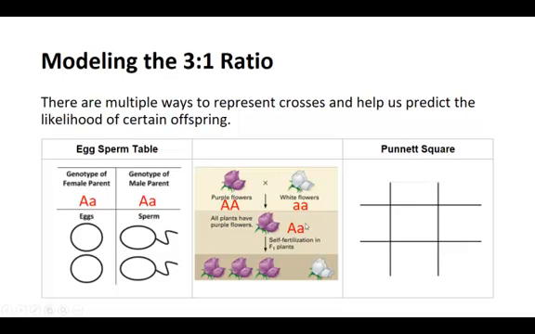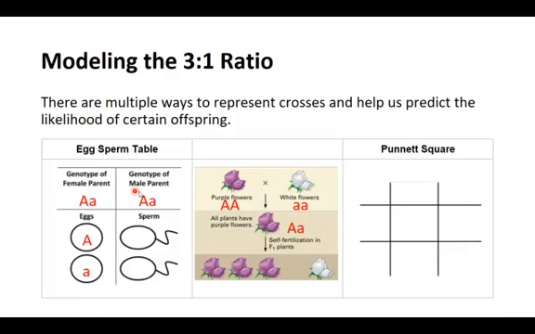But what if we take two kids from this generation and cross them? Now we're going to say a female from this generation is going to be a big A, little a, and a male from this generation is going to be a big A, little a. This is how an egg-sperm table works. You say, I know that this female parent can make either a big A egg or a little a egg.